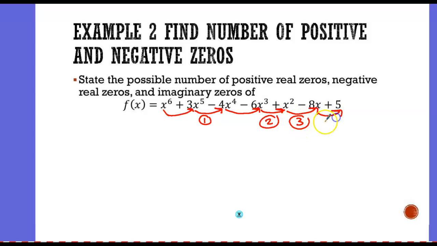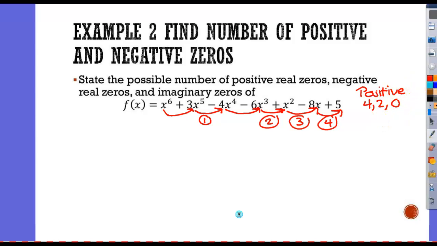And then from there, it changed to positive. So there are 4 possible positive real zeros. But it could be less than that by an even number, so it could be 2 or it could be 0 positive real zeros.